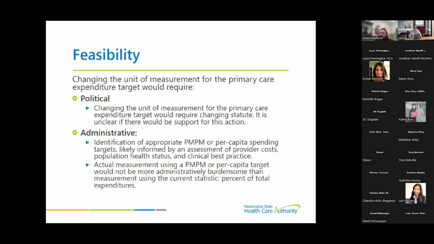So it's a little bit of a mixed bag where there are certainly some initial administrative burdens for identifying the appropriate targets, and I don't think they're trivial. And you also have infrastructure that would allow for transition from status quo to future state under a different statistic. So a little bit of a mixed bag. If you could go to the next slide, please.